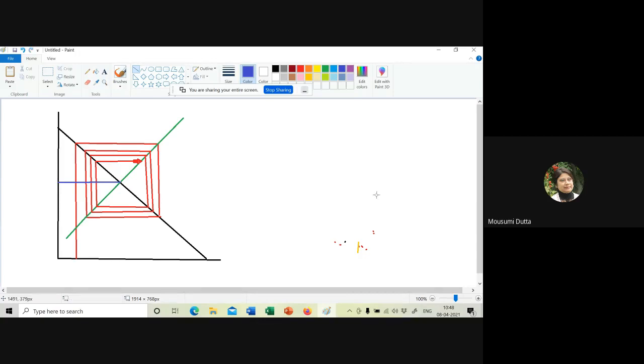This is PE, and if you like, you can also put some arrows here to show the direction of the movement. And so on.